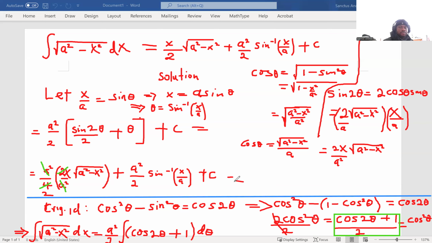So at the end of the day, I have x over 2 root a squared minus x squared plus a over 2 sine inverse x over a.